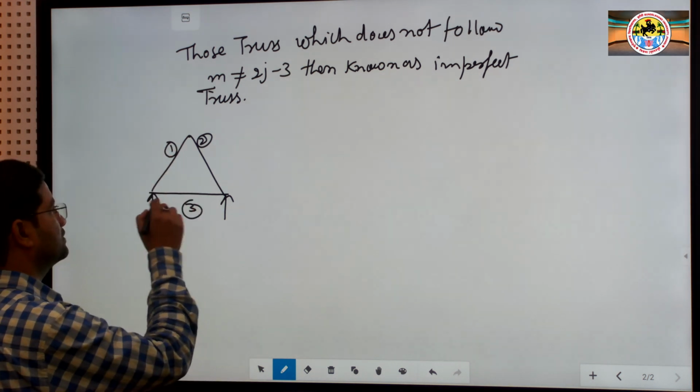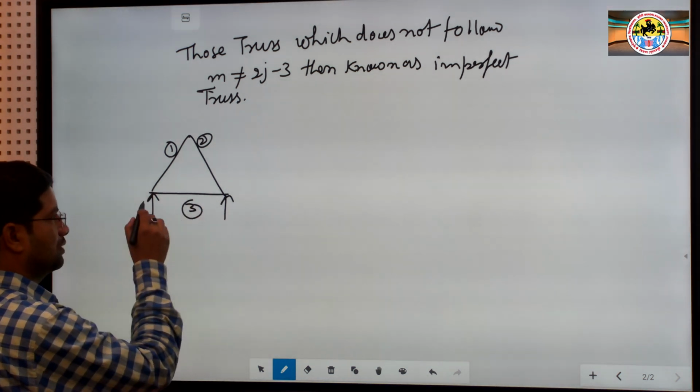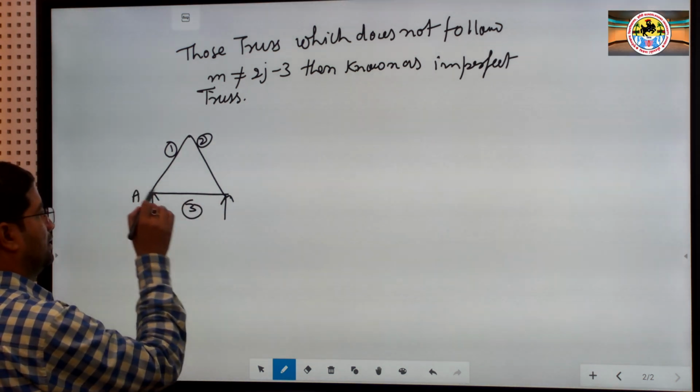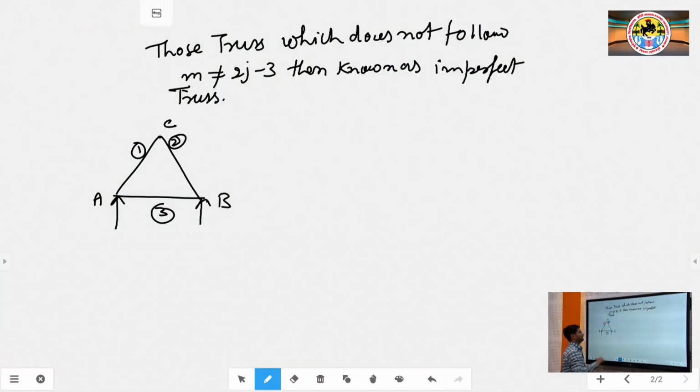Here it is supported by 2 supports, at end A and at end B. So, ABC, this whole system, is known as a truss. Now, how to identify the joints: where the ends of 2 members in the truss are joined, those are known as joints. So, here how many joints are there? 1, 2 and 3. So, there are 3 joints and 3 members.